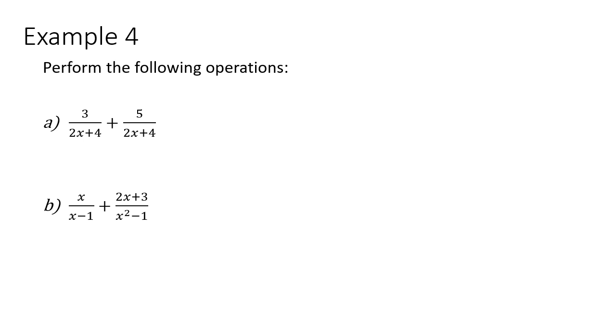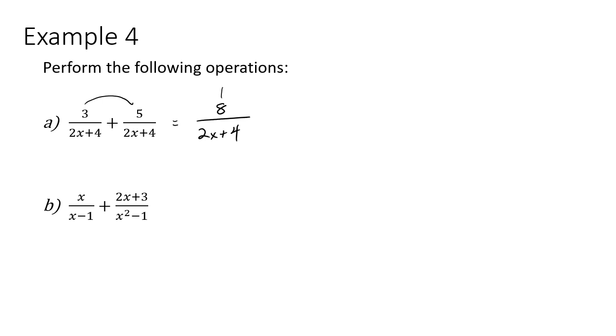All right, so let's take a look at some examples of adding and subtracting rational expressions. We start off pretty easy. In part A, 3 over 2x plus 4 plus 5 over 2x plus 4, because these actually already have a common denominator, which means we can jump straight into adding the fractions. So the numerator would be 3 plus 5, or 8, over the common denominator of 2x plus 4.